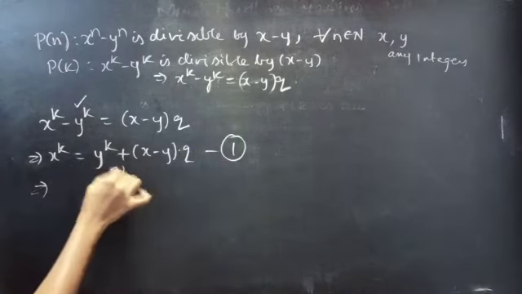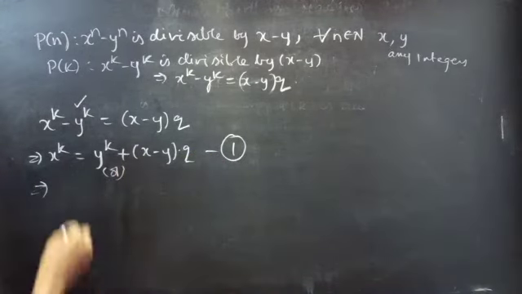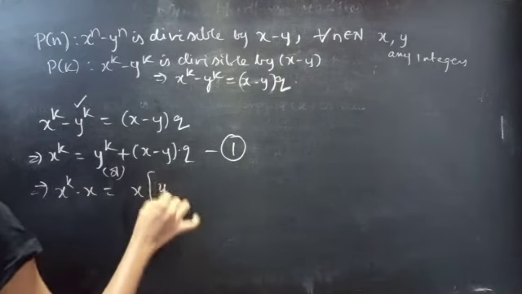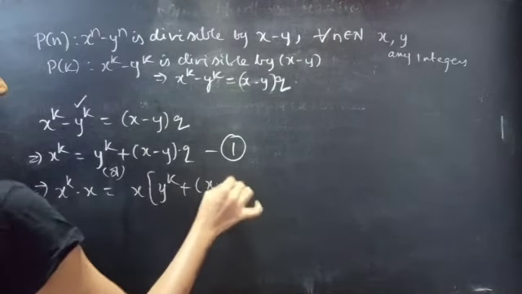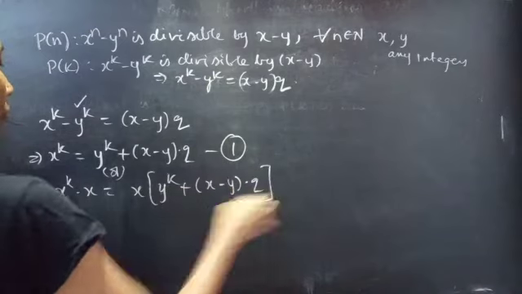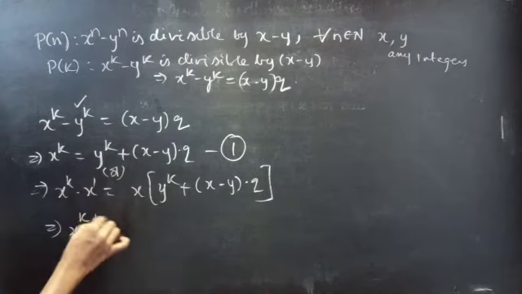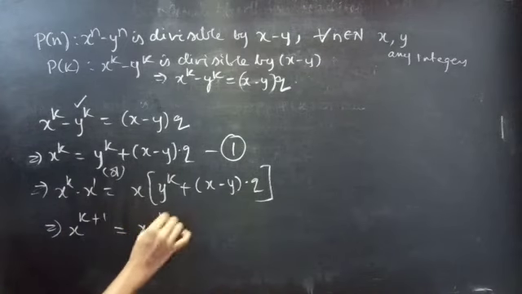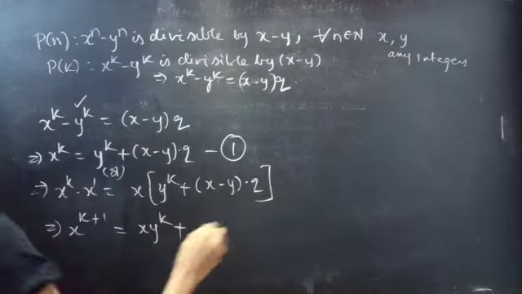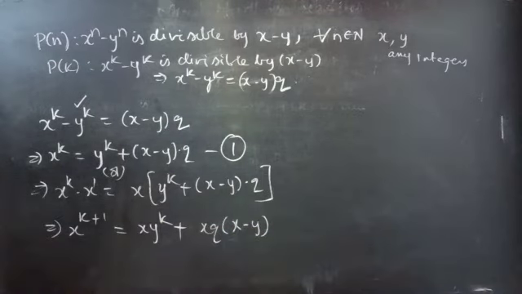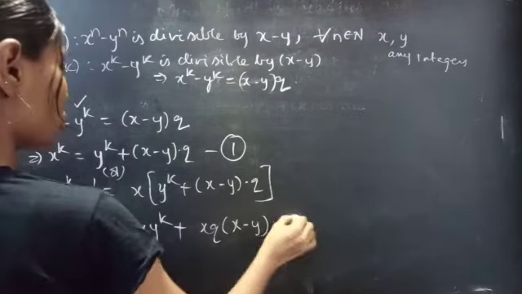Then multiply both sides of this equation by x, and you'll get x power k into x equals x times [y power k plus (x minus y) into q]. Adding the powers, you'll get x power k plus 1 equals x into y power k plus x q into (x minus y), considered as equation 2.